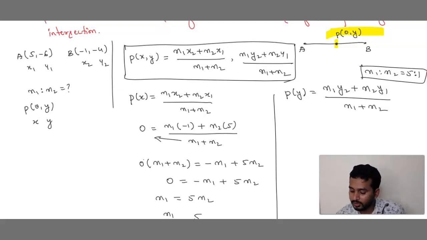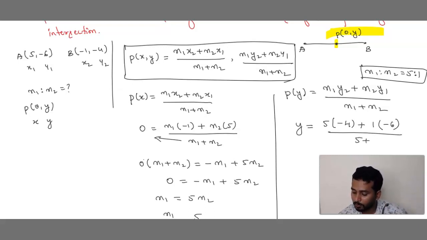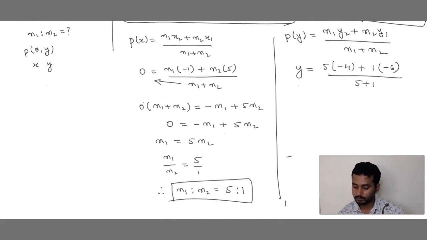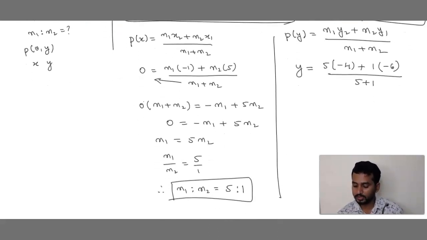So P of y is nothing but y equals m1, which is 5, into y2, which is minus 4, plus m2, which is 1, into y1, which is minus 6, divided by 5 plus 1. Now it's very easy, right?